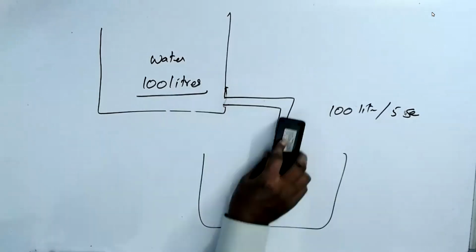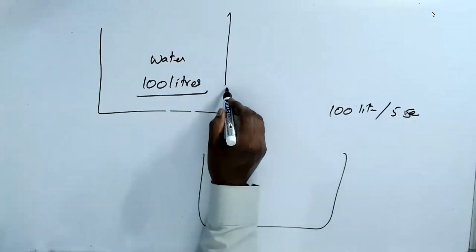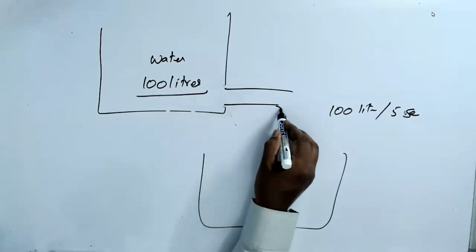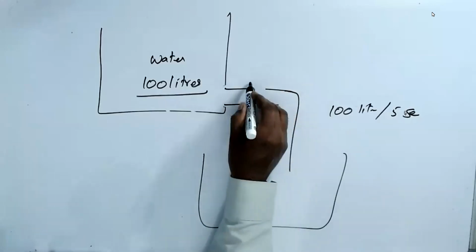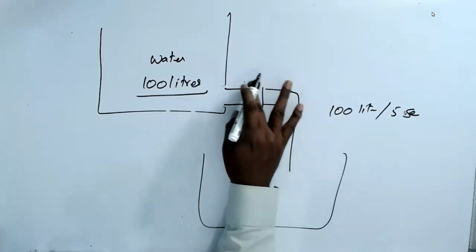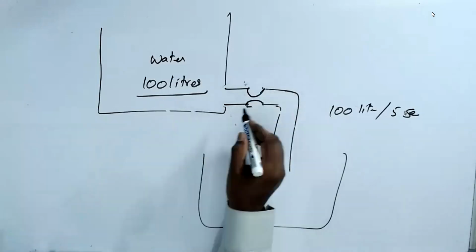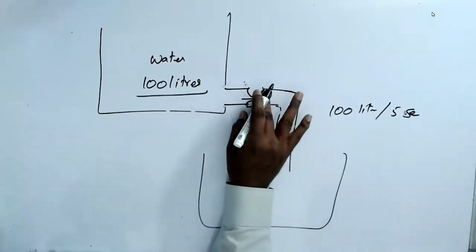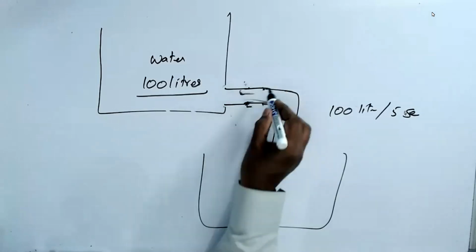Also, assuming that I make a pipe like this, but in between, I have a control where I'll be able to make the flow small or less like this. I can make the flow little or more, depending on that.